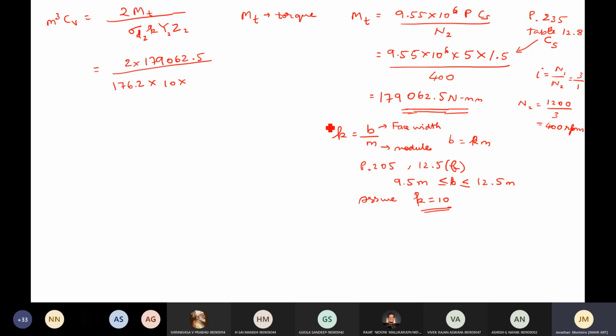And capital Y is pi into Y. We are referring to 2, so Y2 should come: pi into 0.1169, this is Y, multiplied by Z2. Z2 is 96. So what is the M cube CV which is required? M cube CV we are talking about, the minimum that is required.